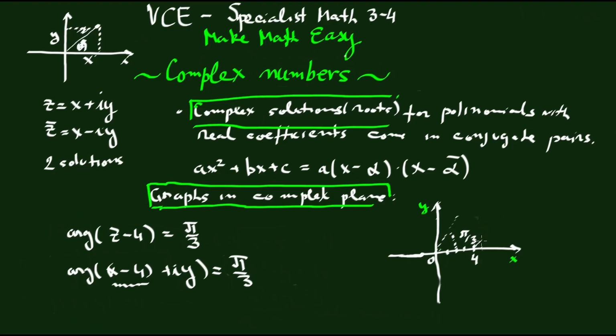So our solution z will be anyone on this line. Any set of coordinates on this line is our z. So that's that line.